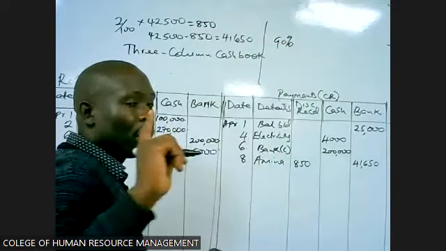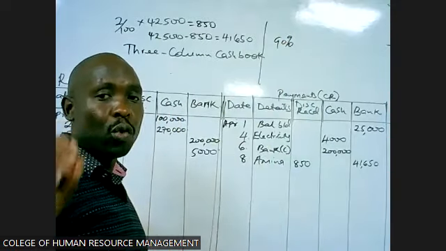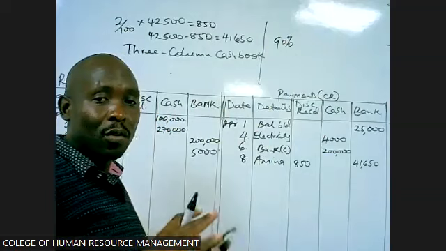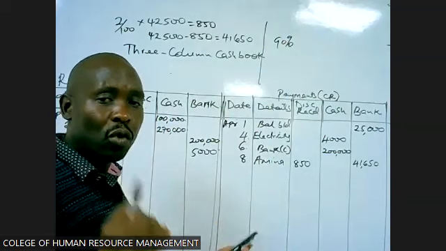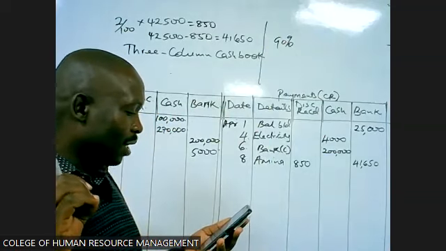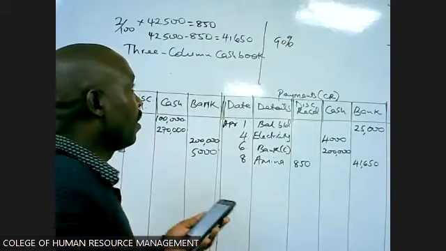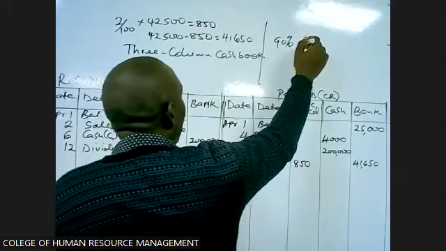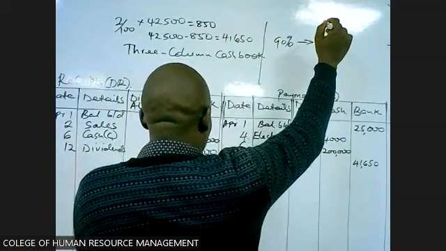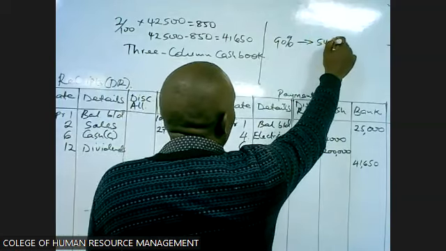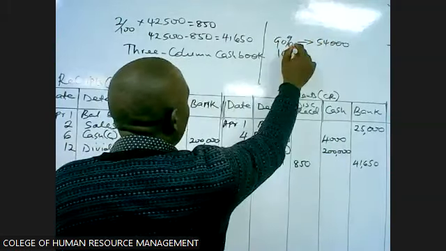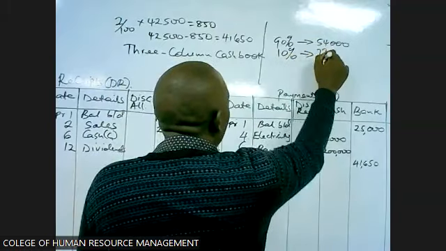Remember I told you, if we were to pay or receive 100%, we were to receive the entire amount. So if she has already deducted 10%, then she gave us 90%. So the 90% that she gave us is 54,000. The 10% she deducted is equivalent to how much?